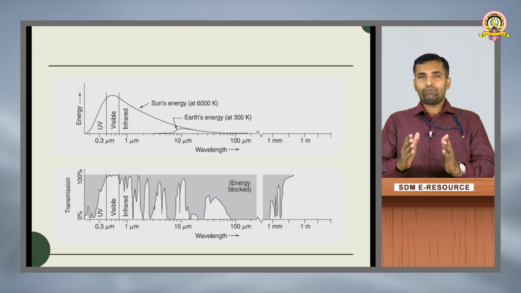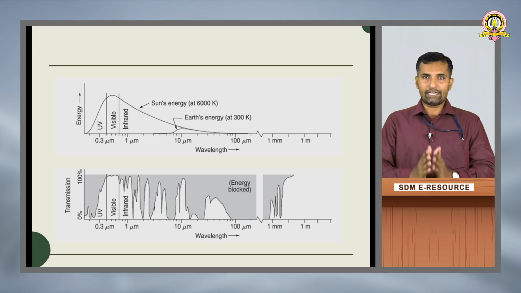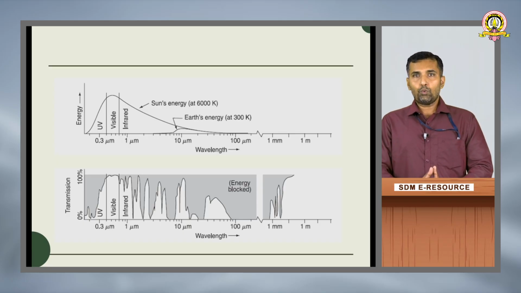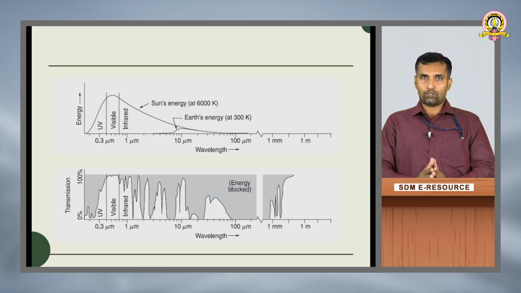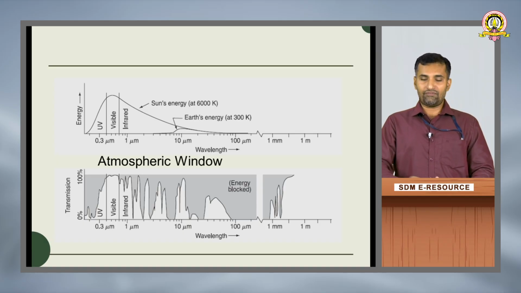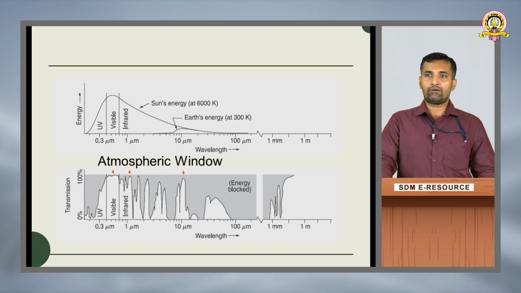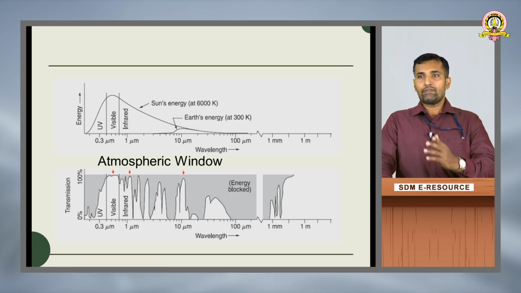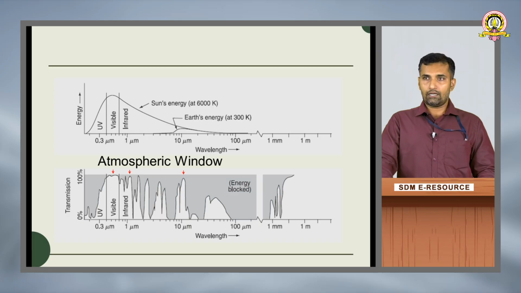The remote sensing technician or scientist wants to understand where there is transmission of radiation in the electromagnetic spectrum. It is very important. These regions are known as atmospheric windows, where there is the highest transmission of electromagnetic radiation. For example, the visible region has one atmospheric window, the near infrared has one, as well as the thermal region. See, these are the sensors.